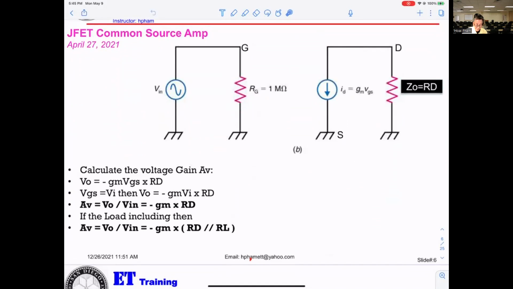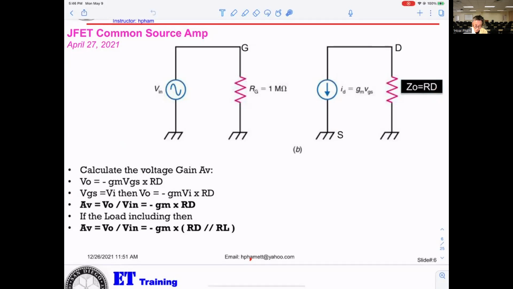Common source amplifier again, okay? So now this is the gate, this is the input here, and right here will be the source. So basically from the drain, again, go to the source to get the current source. And also from the drain, you can get the resistance big RD.